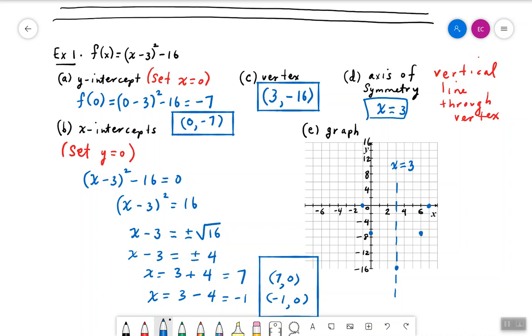And so now with those 5 points on the graph, we can connect them up with a smooth curve. And we're done. We'll go on and see some more examples in the next videos.